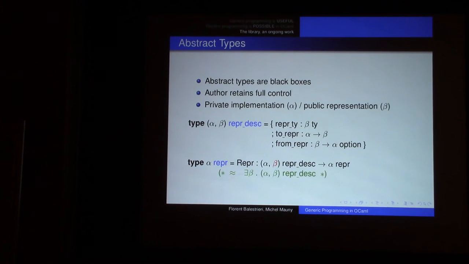And so this representation is defined like this. It comes with a projection and embedding, and you see that it can fail. So if we give a wrong representation that doesn't correspond to any abstract value, then it can fail. So we don't break abstraction.